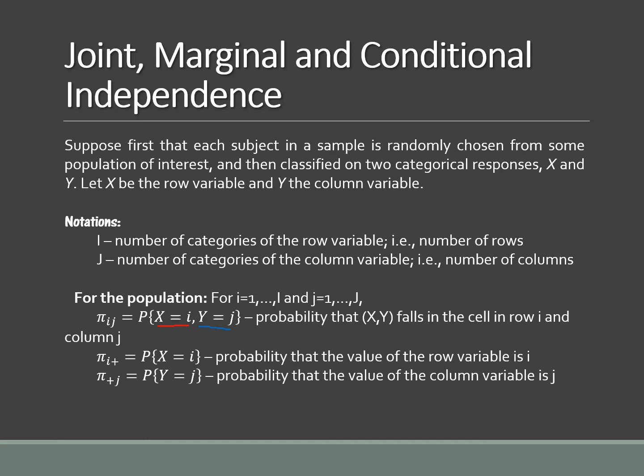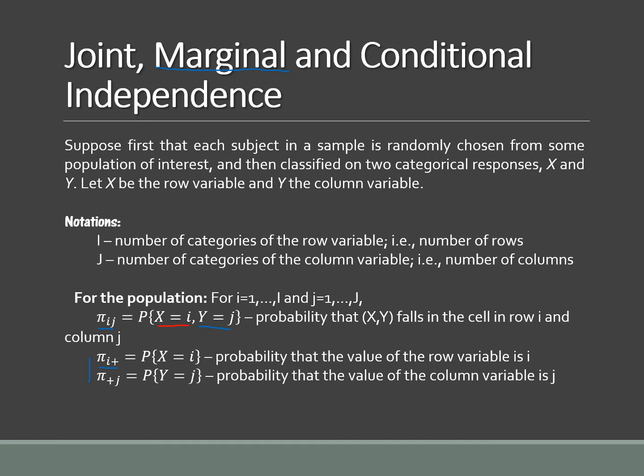So here we have the joint probability. Then the next two notations here are for marginal probabilities. Why? Here we have pi i plus. As you can see here, i is the notation for the row placement, and originally we have j, which is the placement for the column.